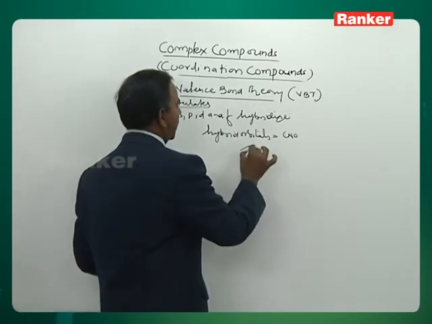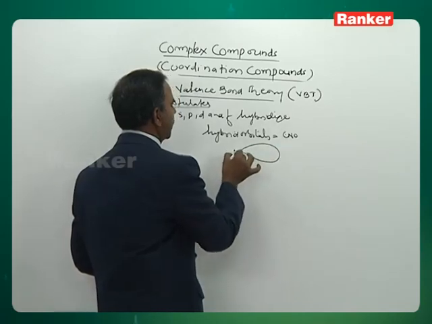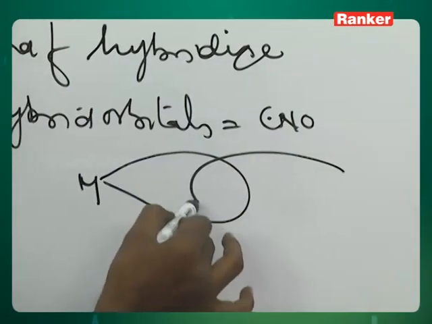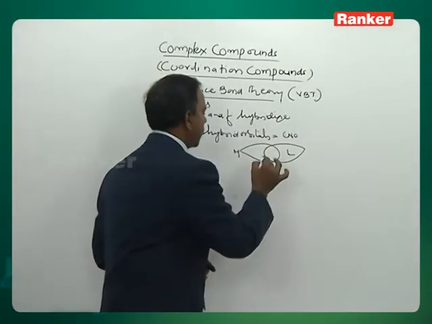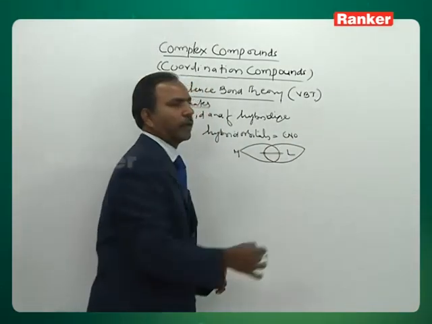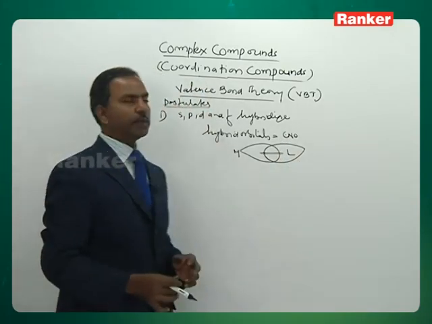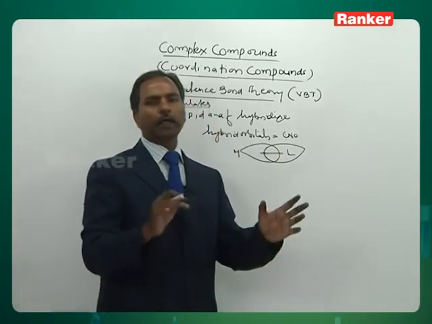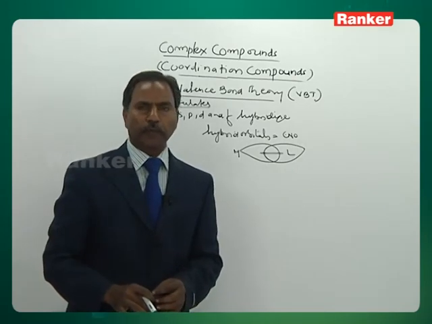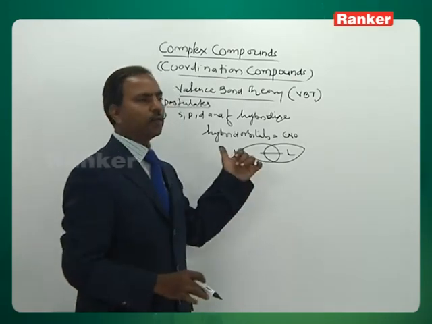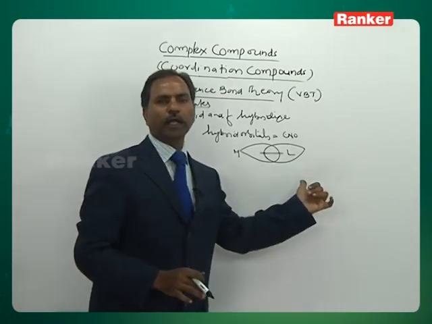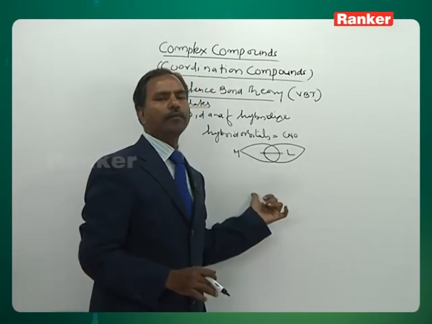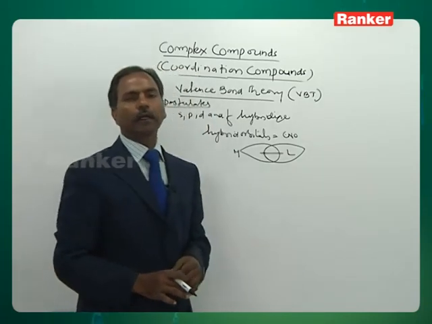These hybrid orbitals of the metal overlap with ligand orbitals, forming covalent bonds or chemical bonds.